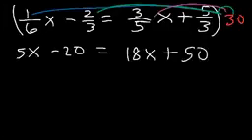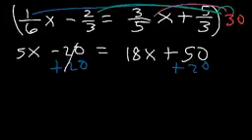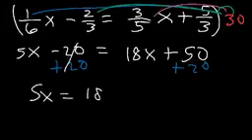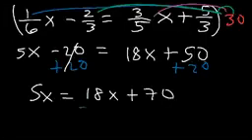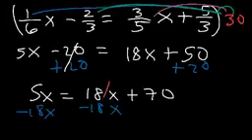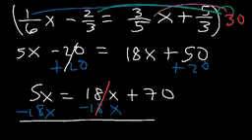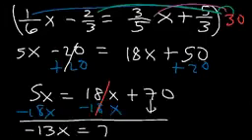So now to solve for x, let's add 20 to both sides. So 5x is equal to 18x plus 50 plus 20, which is 70. And now let's subtract 18x from both sides. 5x minus 18x is negative 13x, which equals 70.